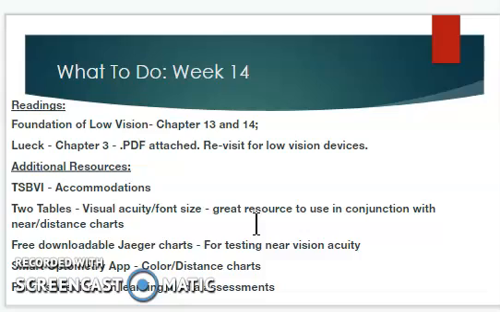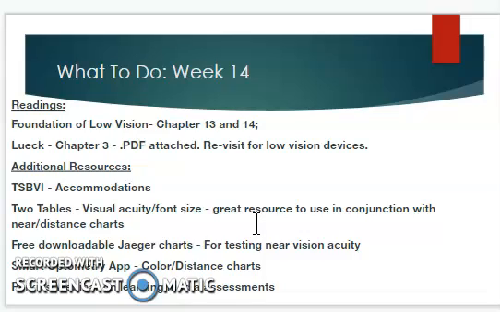And then there is an app called Smart Optometry. There's a link that we have put, and this app is free, and it has the distance E charts, the color charts, and all of those charts that we use during our functional vision assessment. These are definitely not accurate, so this is not something you should be using when you're practicing.